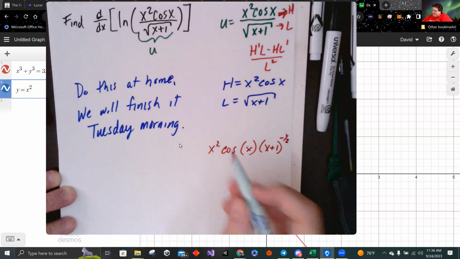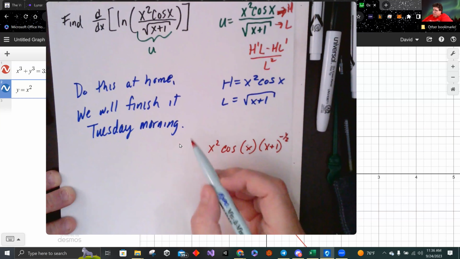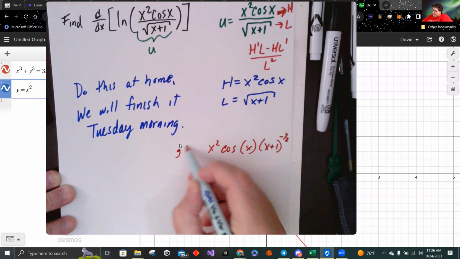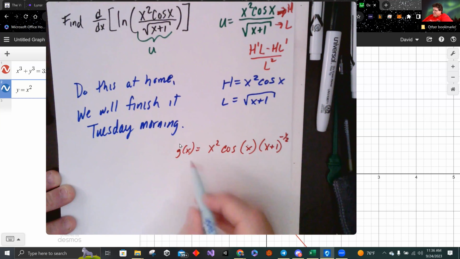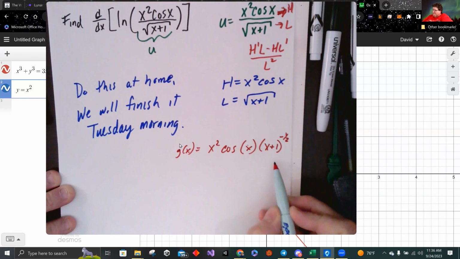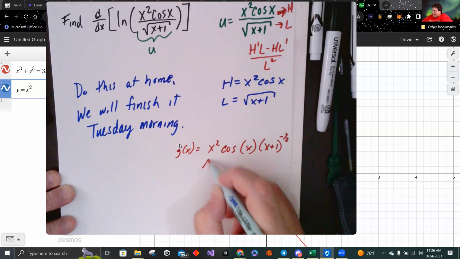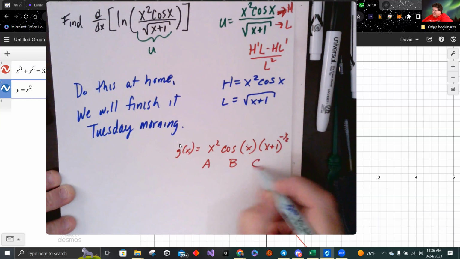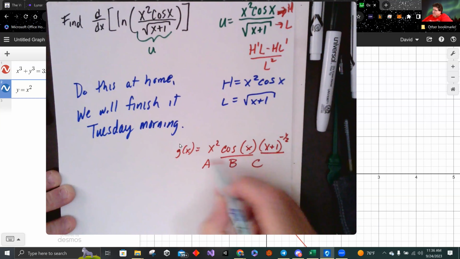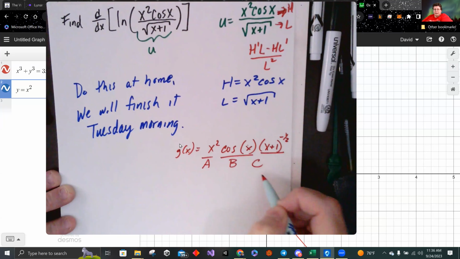So if I wanted to do product and chain rule only without a quotient rule, I could do that. I'll call that g of x real quick. You could take the derivative of this, but this is like A, B, and C. So you've got to take the derivative one at a time.